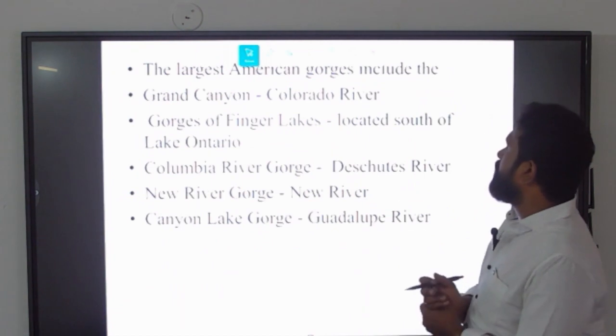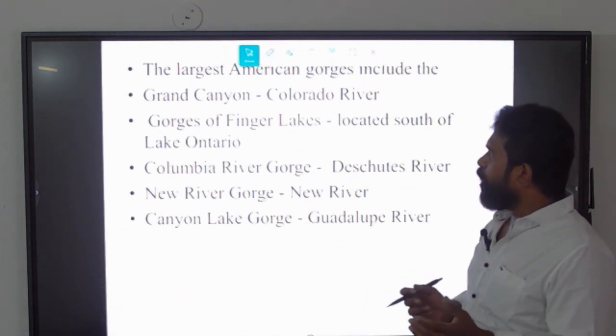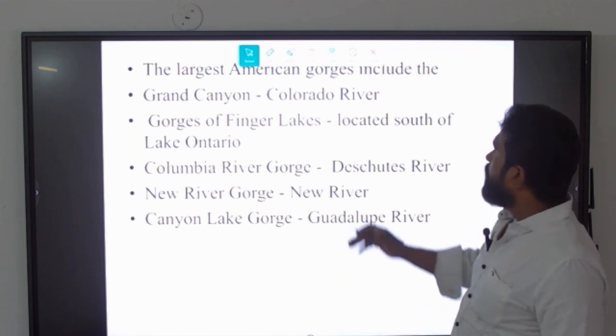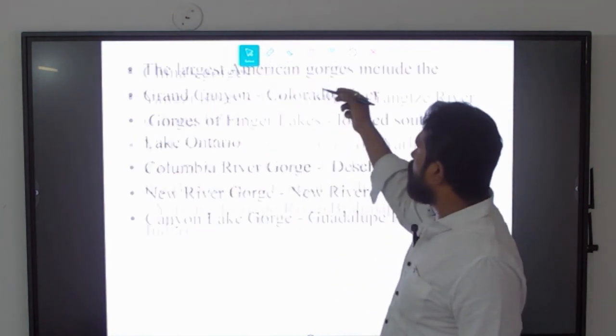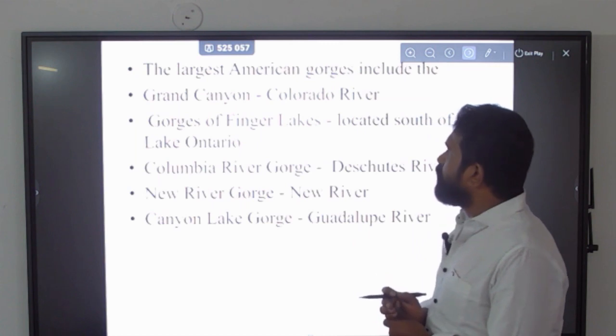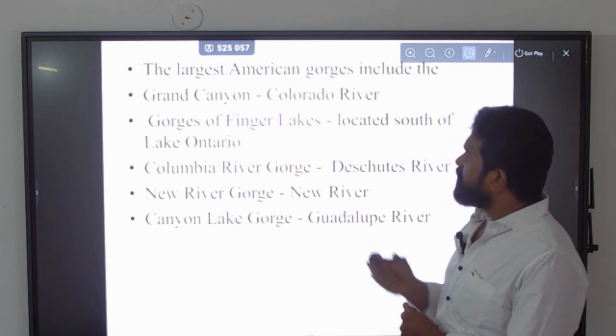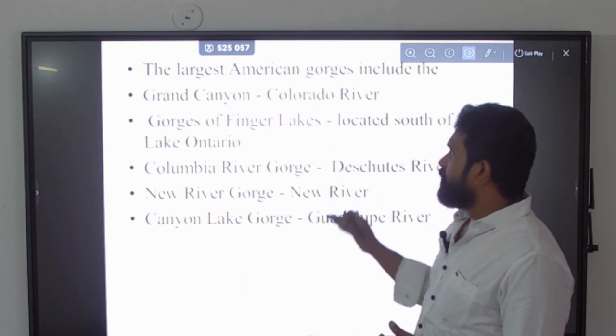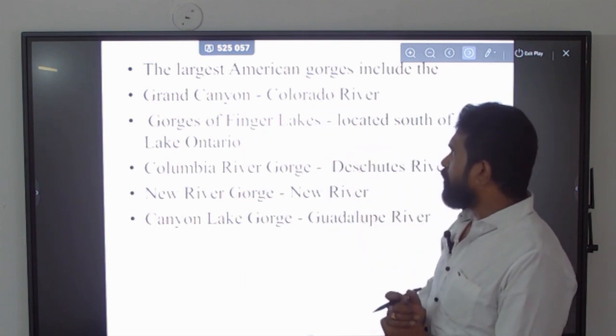Then after that, we should know about some of the gorges in the world. In the United States of America we have some gorges, and we should know which rivers carved those gorges.